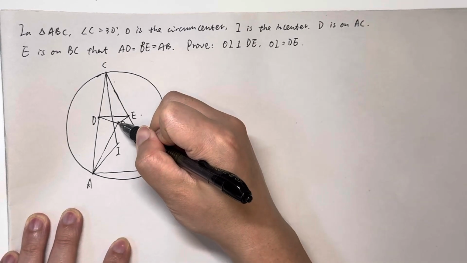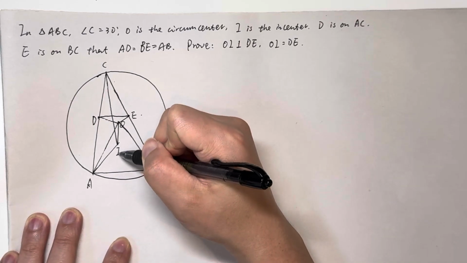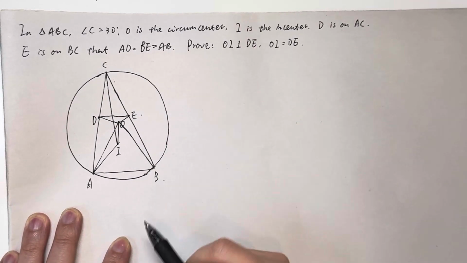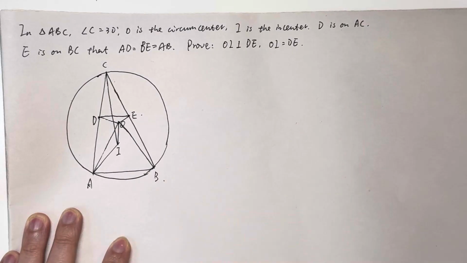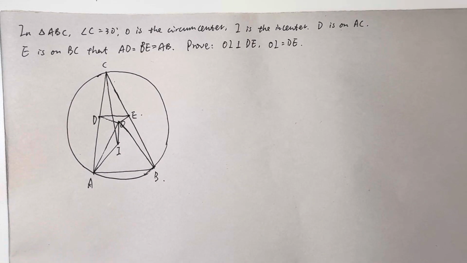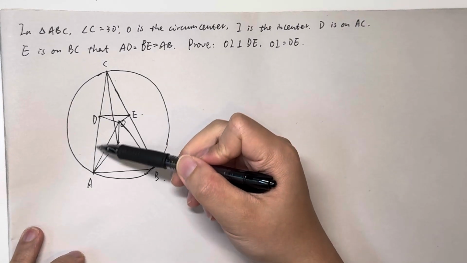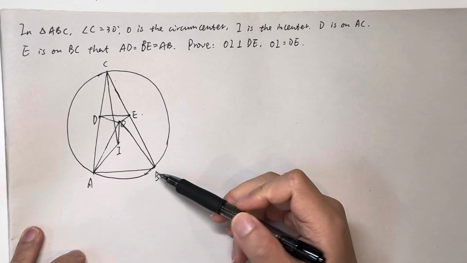We want to prove that OI is perpendicular to DE and OI equals DE. So if we just start from this figure, it becomes a very difficult problem because we don't have a breakpoint. But if you look at the problem set that AD equals AB, right?